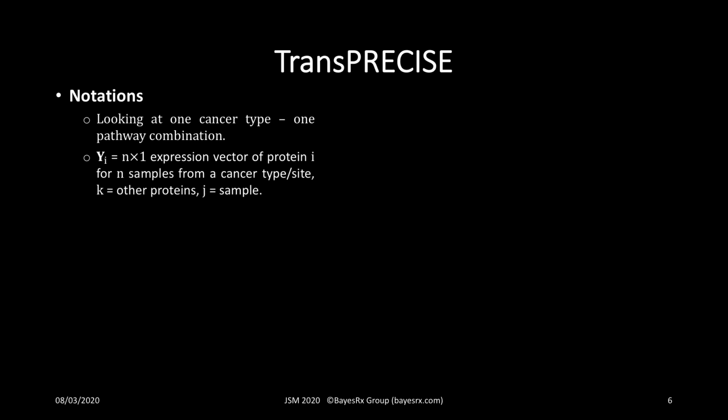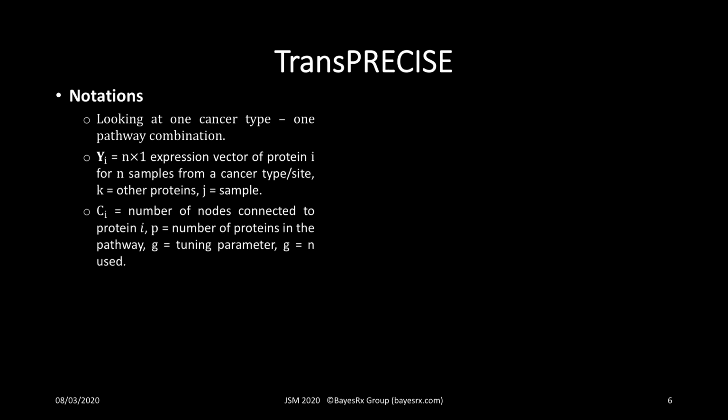Throughout this talk, we will be using k to indicate the other proteins in that same pathway as protein i, and we will be using j across 1 to n to indicate our samples. Ci is the number of nodes that are connected to protein i within that pathway in our fitted network, and P will be the number of total proteins in that pathway. G will be a tuning parameter which we will be using in a Bayesian variable selection setting, and we are using G equal to the sample size n.